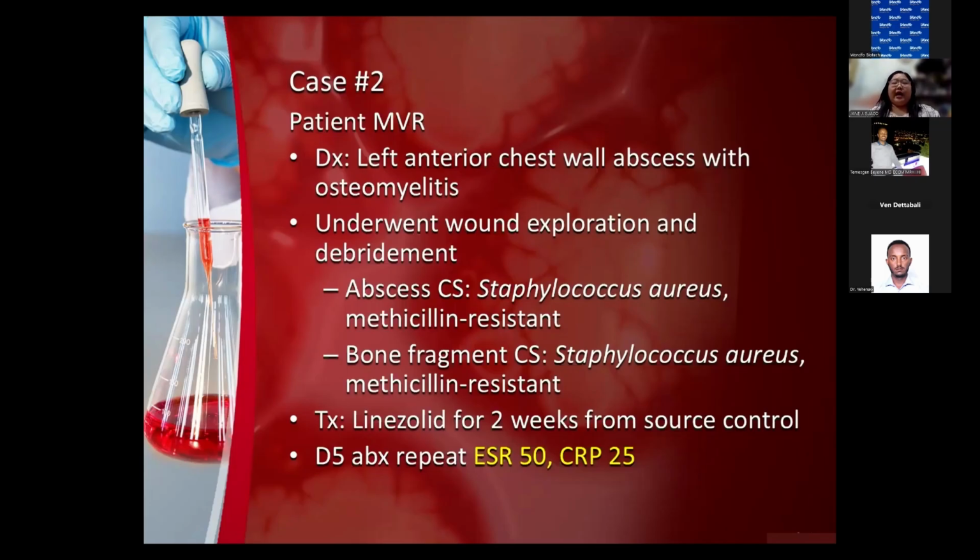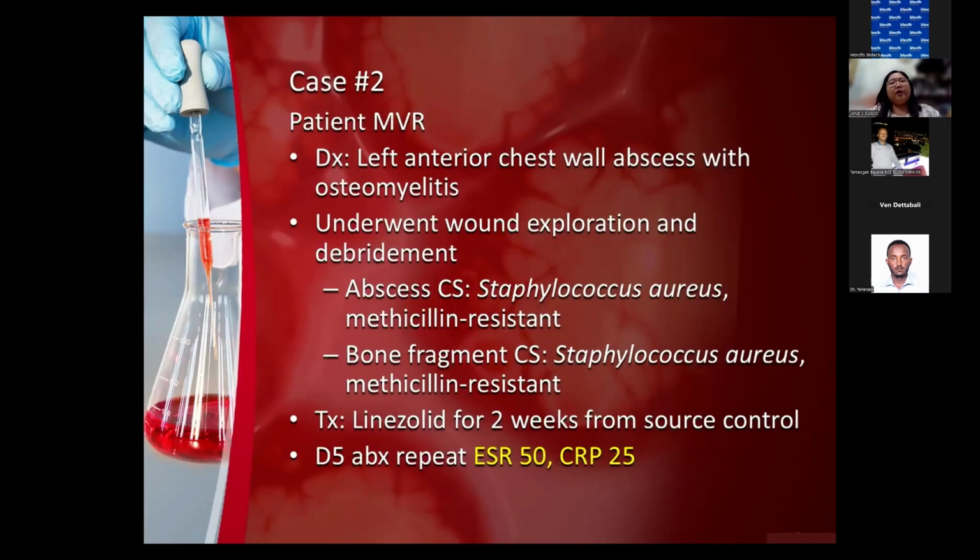On day 5 of antibiotic therapy, she was noted to have decreased ESR and CRP. So, this case presents a decrease in the inflammatory markers, mainly CRP and ESR, after instituting antibiotic therapy. This reflects the utility of CRP as a host response biomarker.